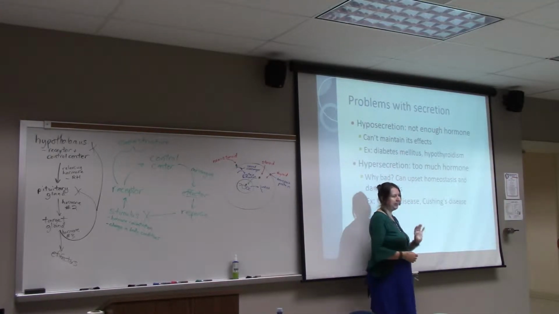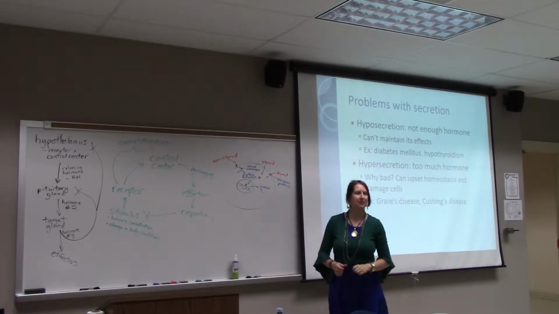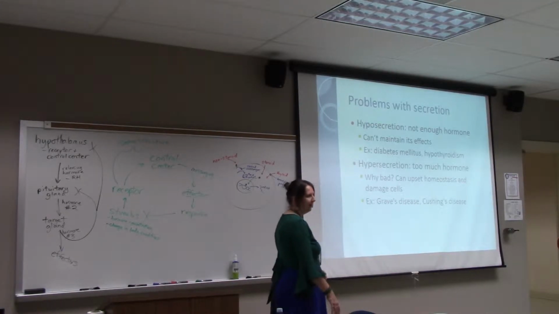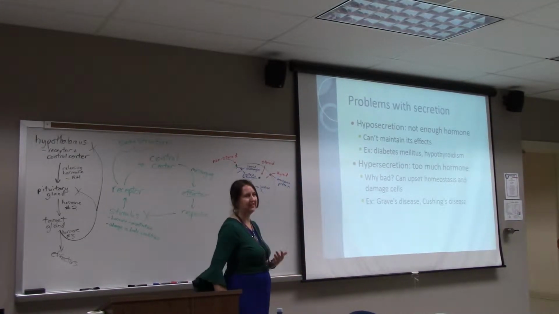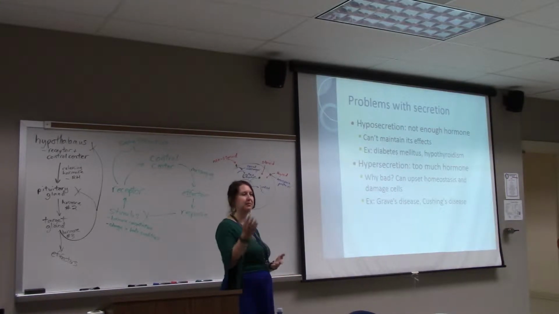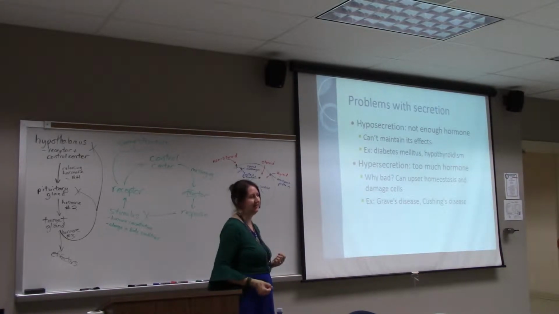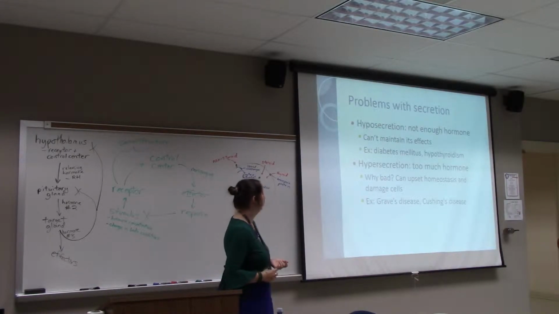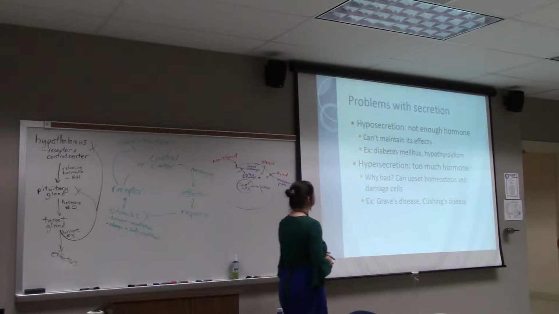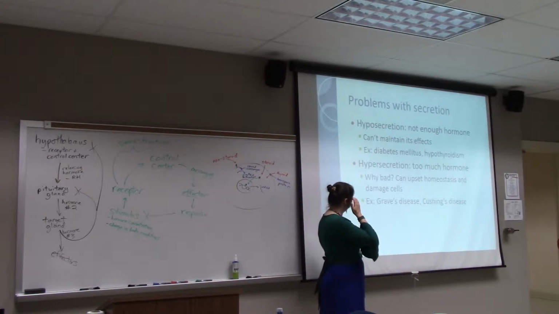Type 1 diabetes mellitus is probably the most common example. Type 2 is more common than type 1, but it sometimes ends up with not making enough insulin. Hypothyroidism, not enough thyroid hormone. Too much of the hormone is hypersecretion.